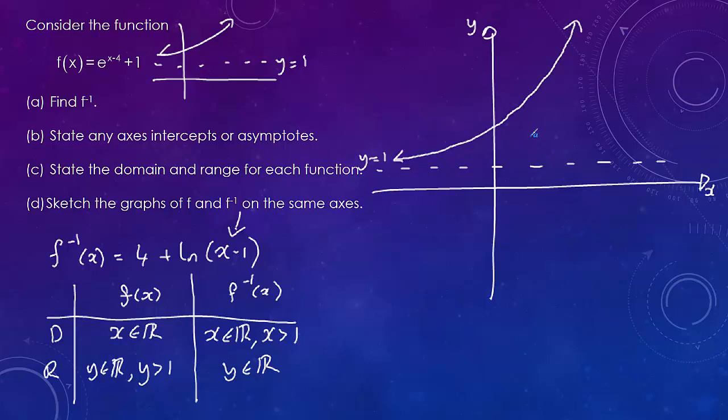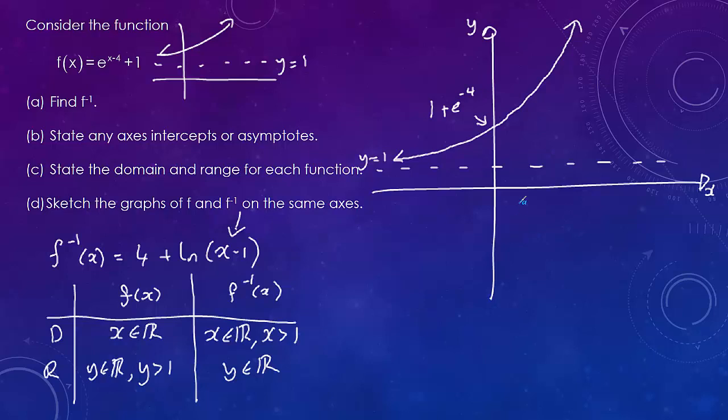It's going to go like this. And we worked out this intercept before. And the intercept there, so when x was 0, it crosses at 1 plus e to the negative 4.